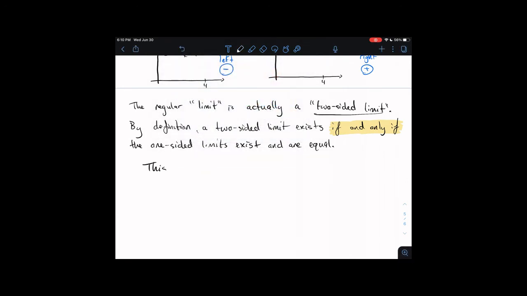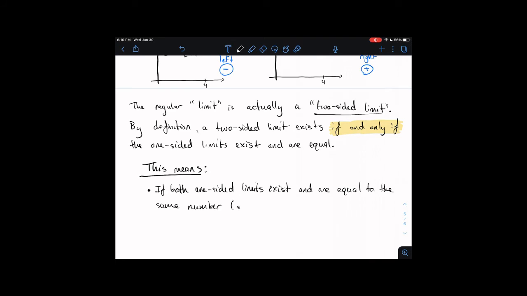So if we have that both one-sided limits exist and are equal to the same number, we're going to call that number M, then the two-sided limit, or just limit, also exists and is equal to M. Oh, that's an awful M.